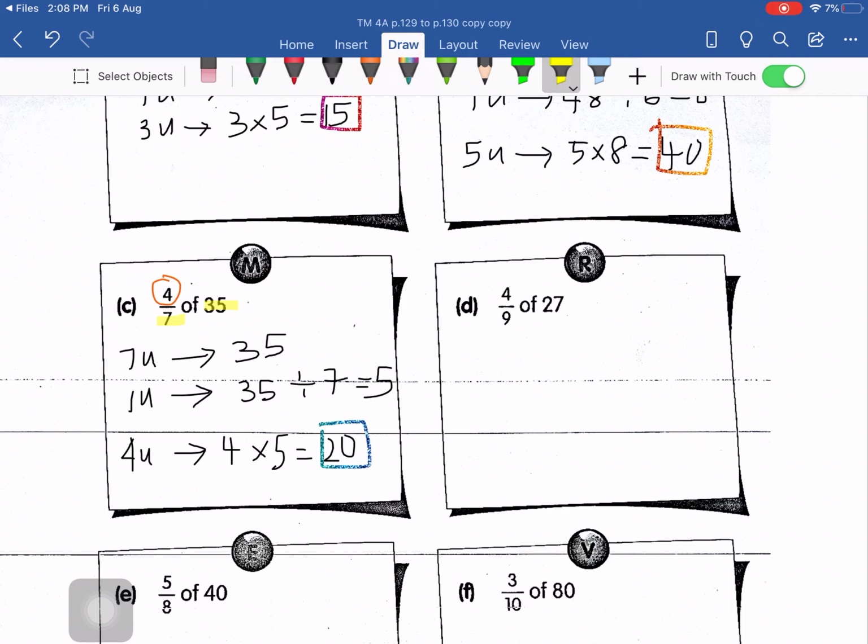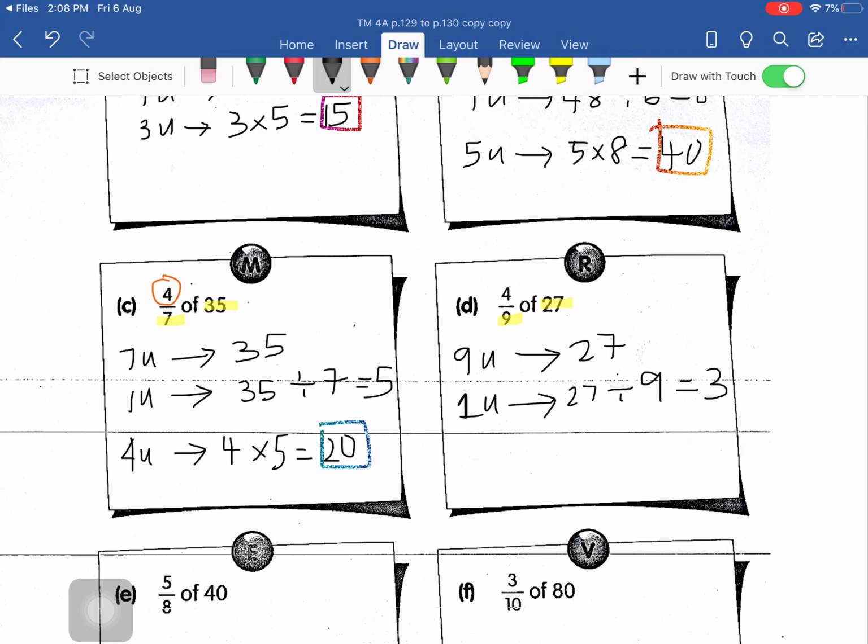Question D, 4/9 of 27. So 27 is split equally into 9 groups. So 9 groups, which is 9 units, represents 27. To find the amount of items in each group, which is 1 unit, we split 27 equally into 9 groups.